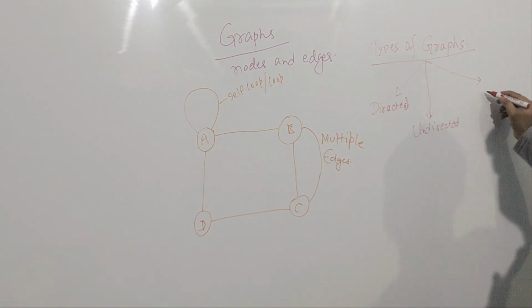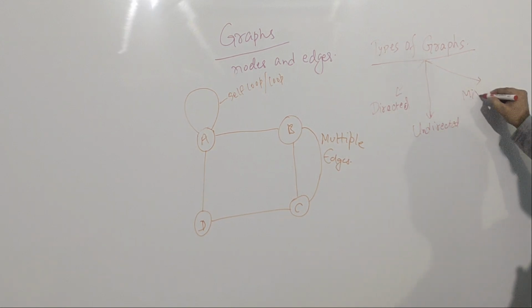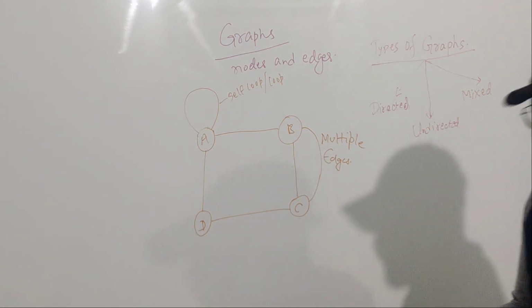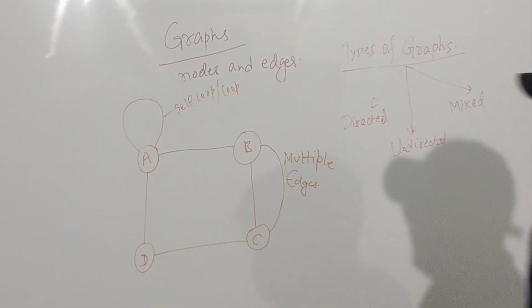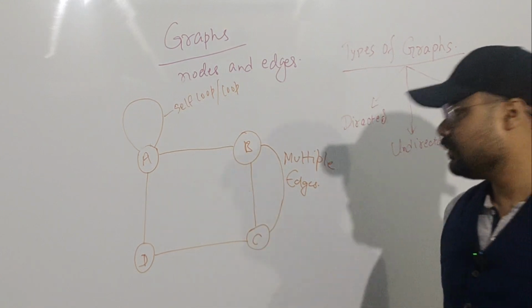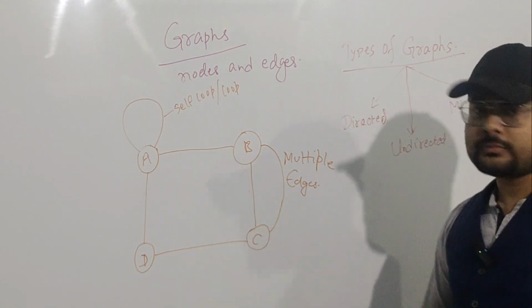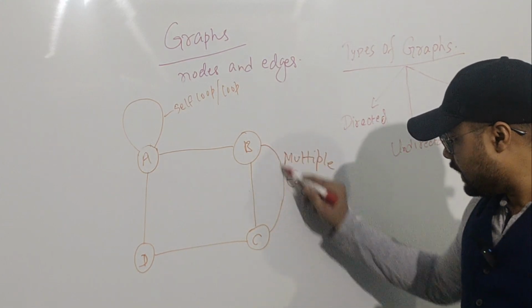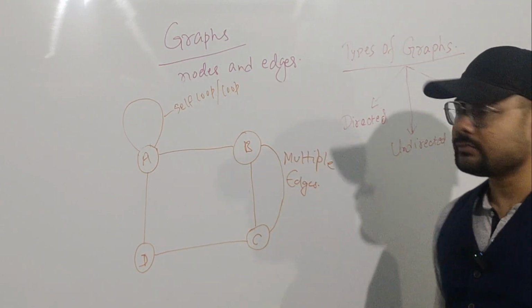Or you may have a mixed graph, if in the same graph you have directed edges and undirected edges also. This is a single edge from A to B, and here you have multiple edges from B to C.